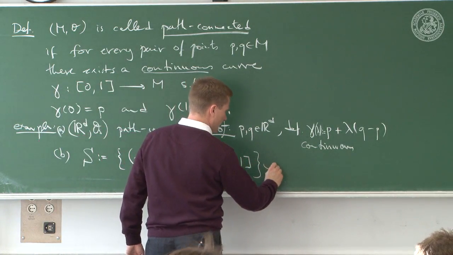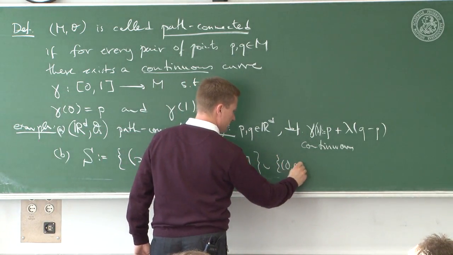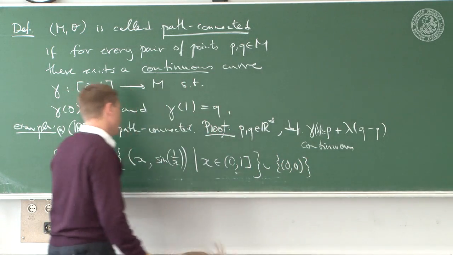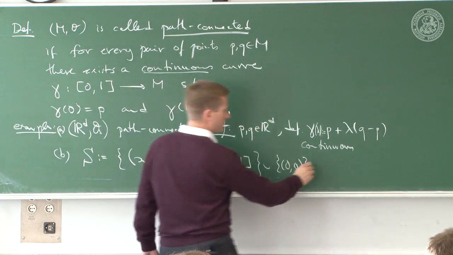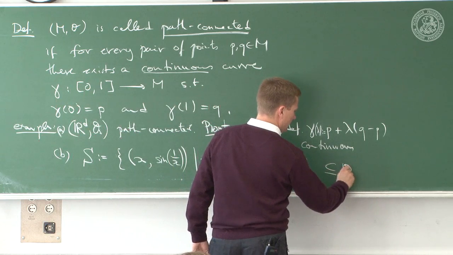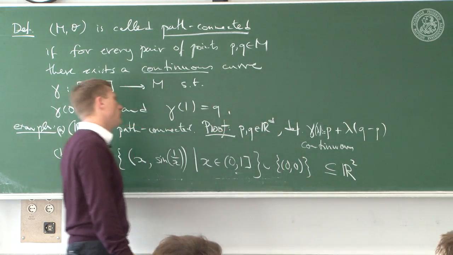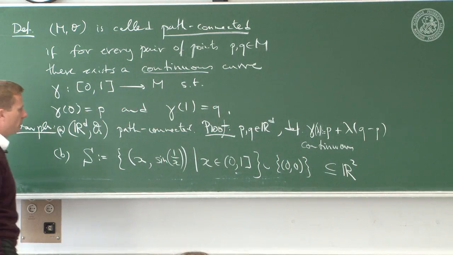And you also have to take the point (0, 0) into it. All of this is supposed to be considered as a subset of the plane equipped with the standard topology.